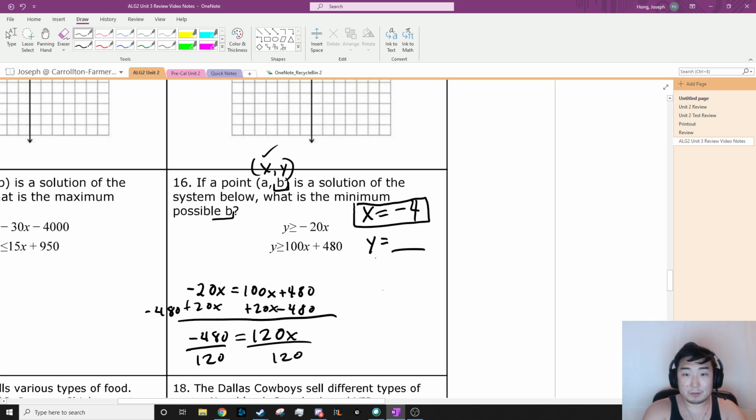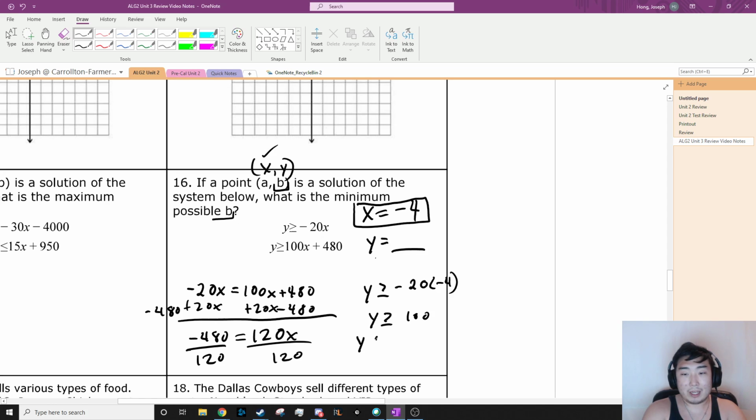So it will look like this. y is greater than or equal to negative 20 times negative 4. So y has to be greater than or equal to 100. So what is the minimum possible y value?